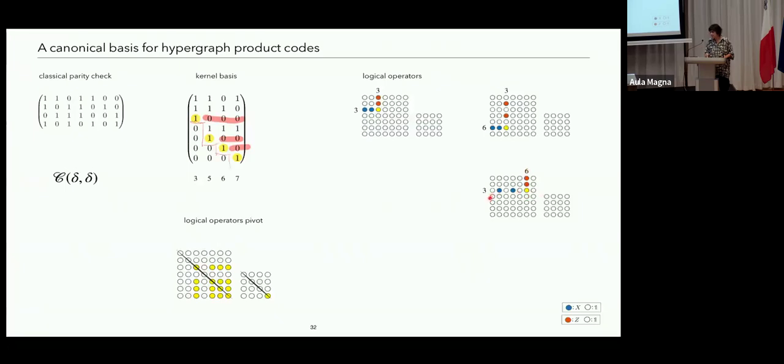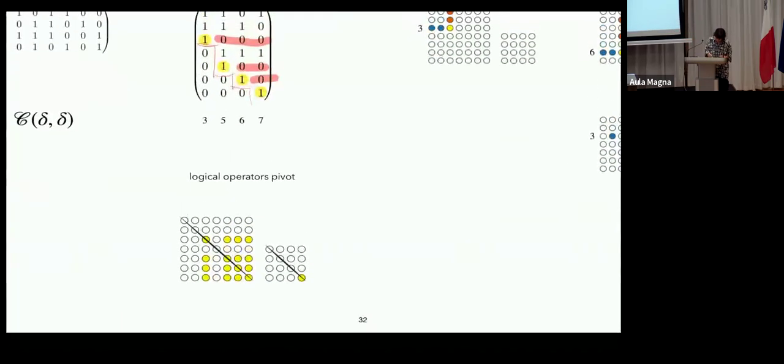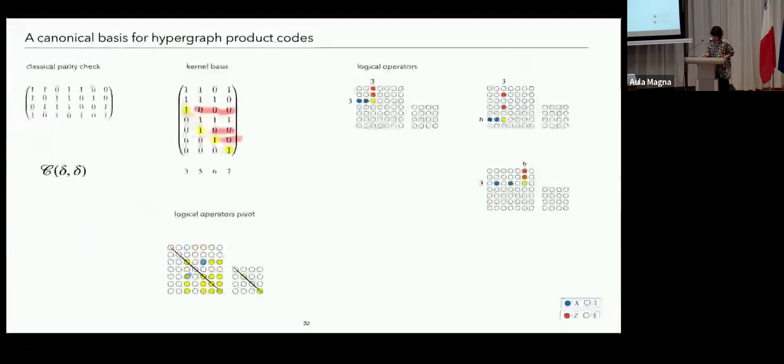the symmetric one. What I'm saying is that in a hypergraph product code, you can divide the logicals into the ones that are on the diagonal and the ones that are symmetric across the diagonal. For instance, these guys here with these guys here. If I fold along the diagonal, they're going to be the same. And as you can see, the support of the Z is equal to the support of the X for the other one.